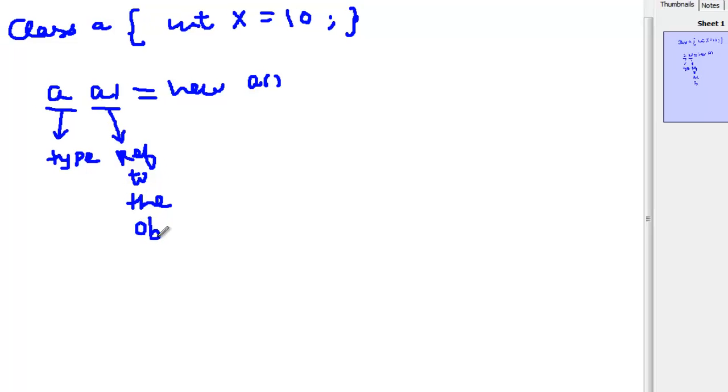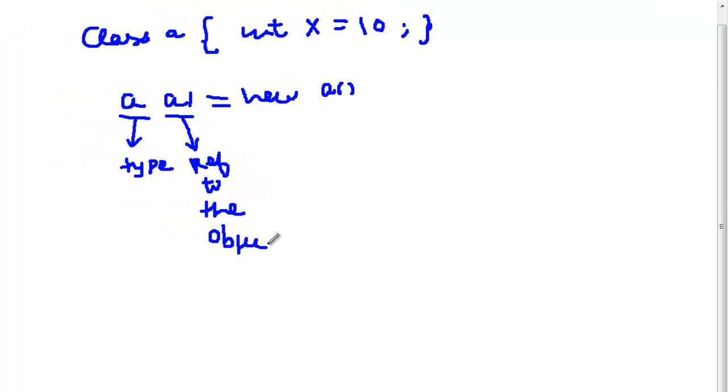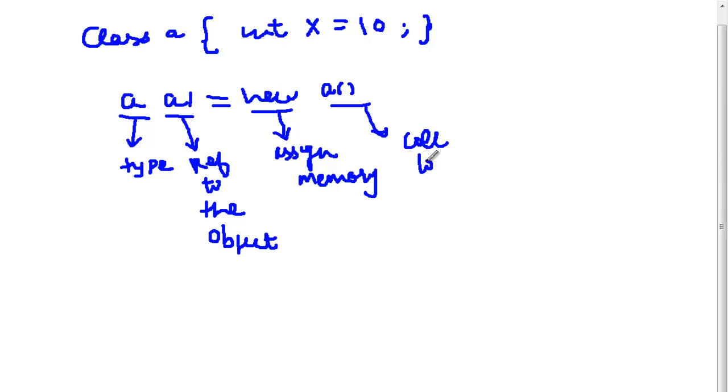Then new is an operator to assign memory, and the last part is a call to the constructor. I hope the statement is clear.